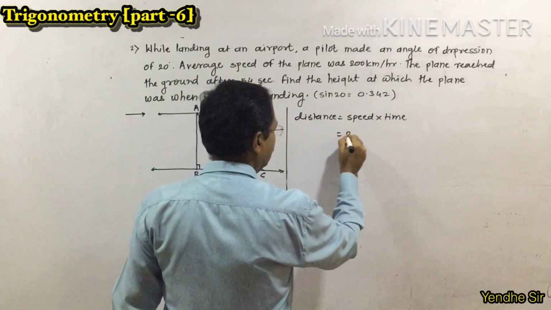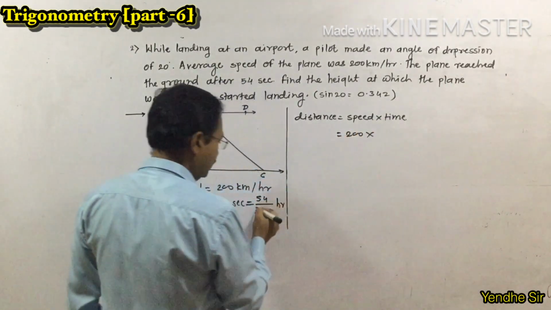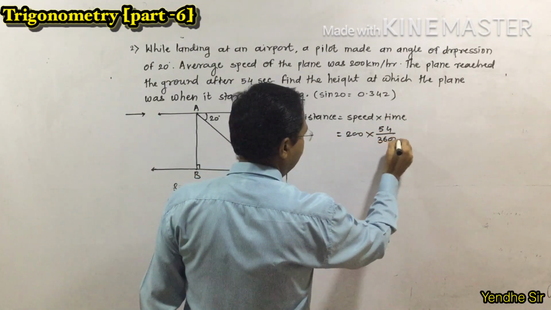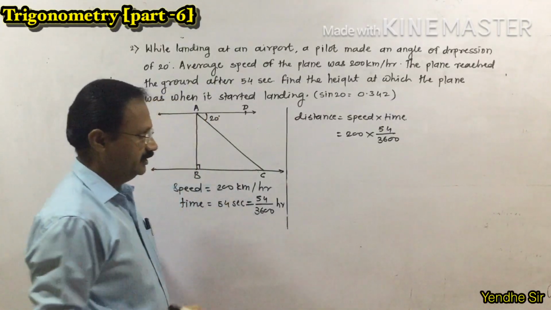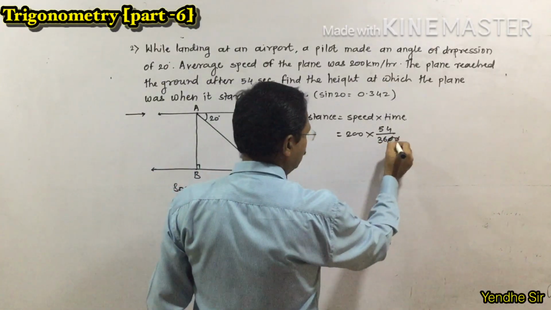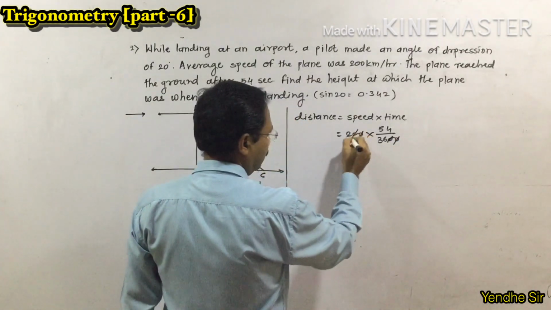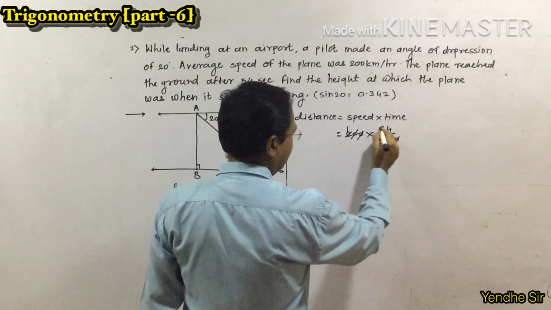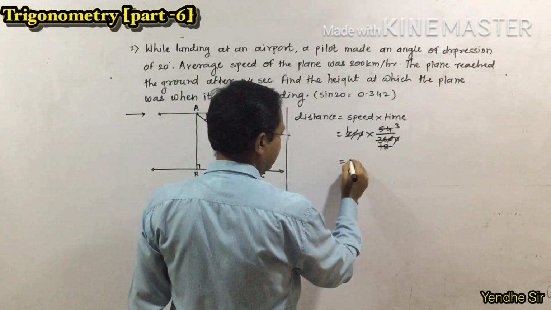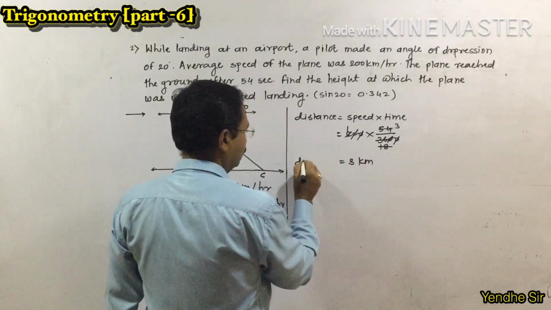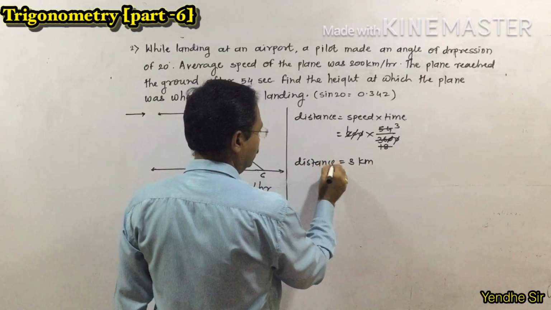Speed is given, 200. Time is 54 upon 3600. Okay, it is converted into hours. Now these two zeros will be gone. Then 2 ones are 2, 2 eights are 18, 3 sixes are 18. So you get 3 kilometers. So distance equals 3 kilometers.